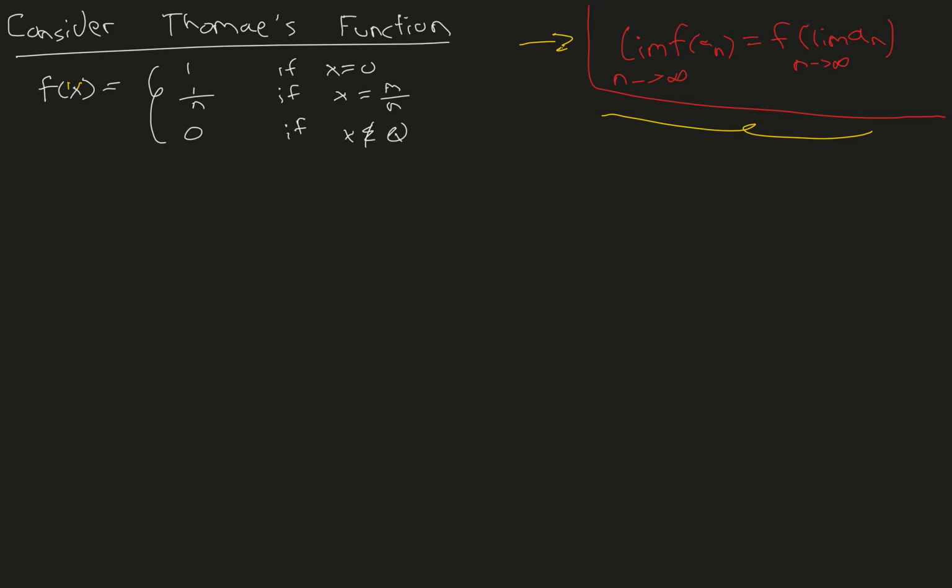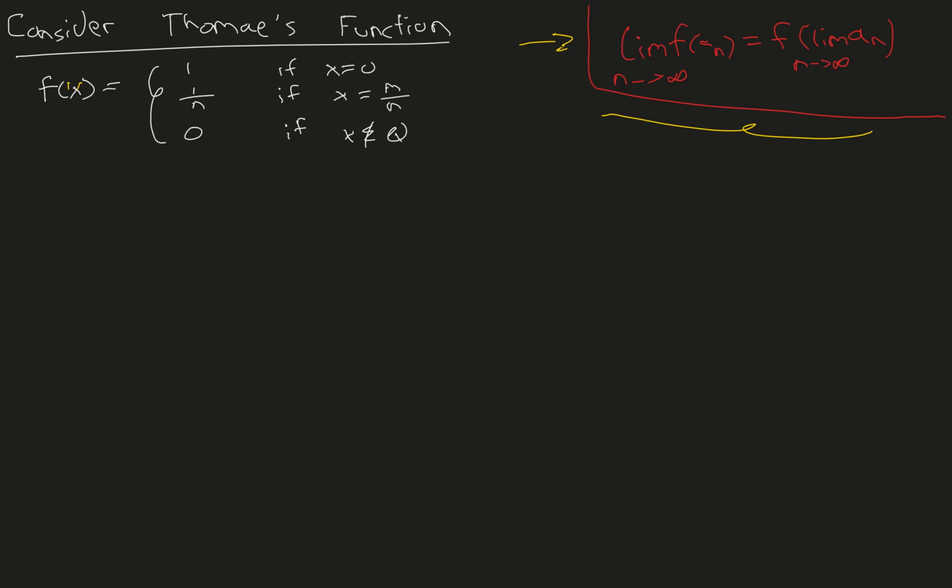Remember the intricate way that the rationals and the irrationals fit inside R. We proved in a previous video that the rationals and irrationals are dense. Between any two real numbers, we can always find a rational number and an irrational number. So we can always build a sequence of irrational numbers or rational numbers which tend to any point on the real number line.